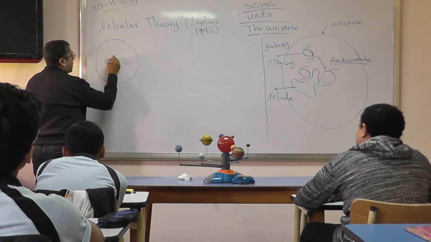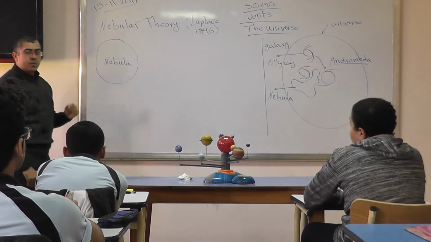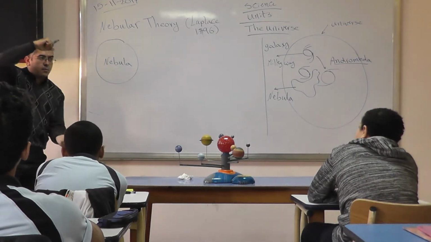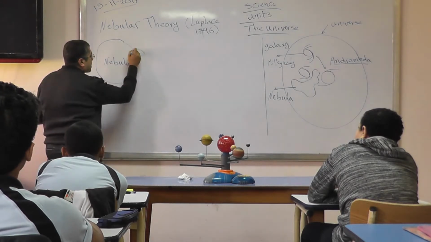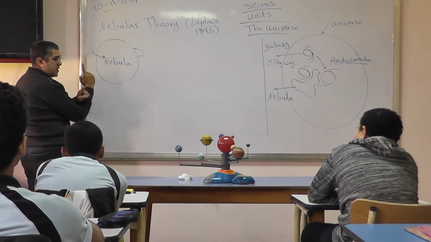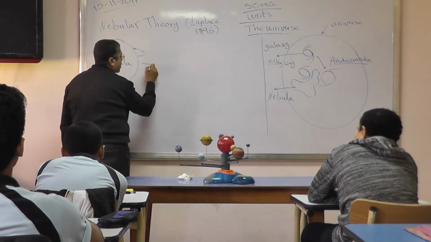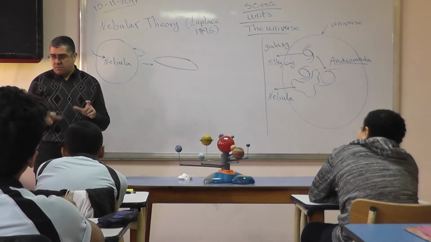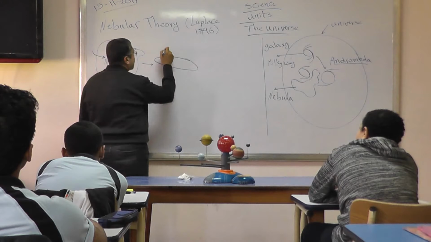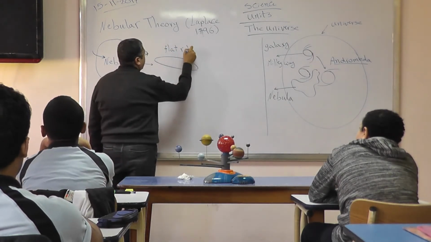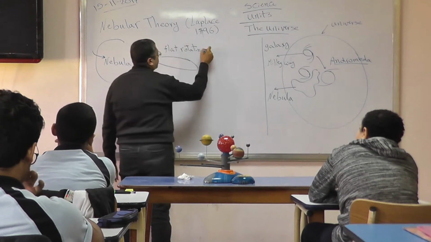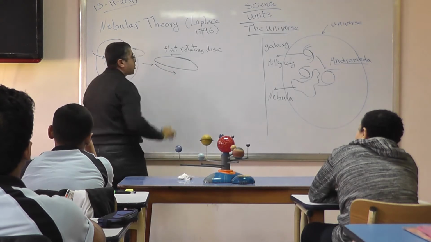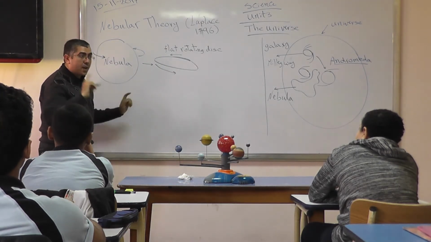After some time, this nebular sphere condenses and presses itself, and rotates around itself. It rotates around its axis, and after some time changes into a flat rotating disk, like a CD. This flat rotating disk also moves around its axis.